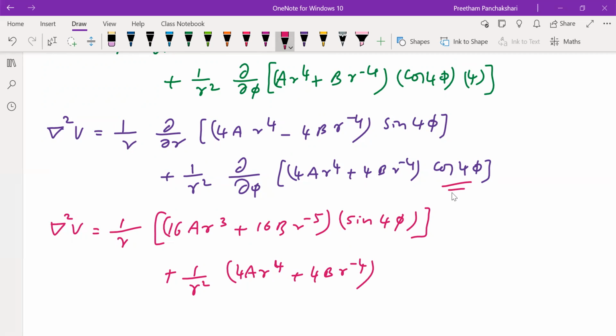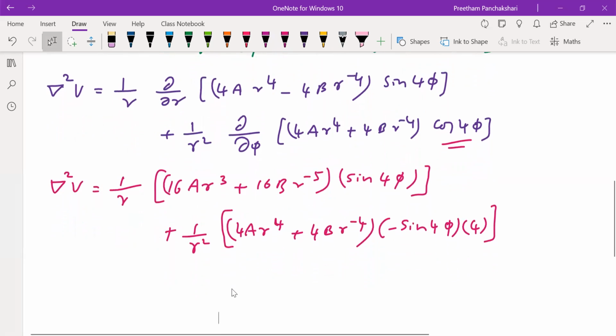So we know that differentiation of cos is minus sine. So minus sine 4 phi. Differentiation of 4 phi is 4. This is the complete differentiation.